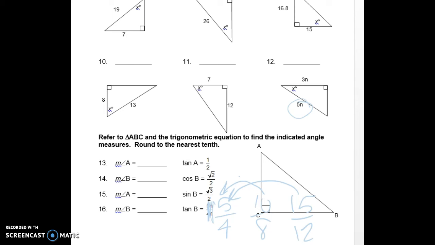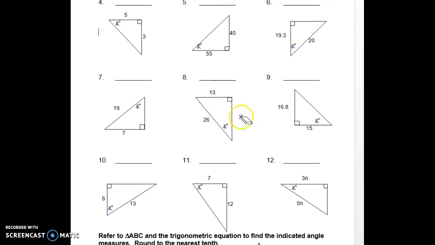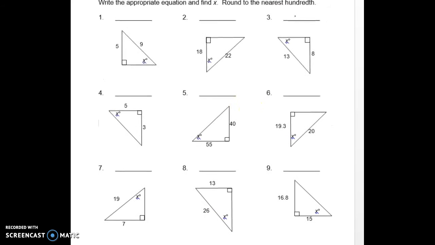Let me write down, just in case you don't have this stuff, which I guess isn't really helpful now if you've been watching this whole time. But that's okay.